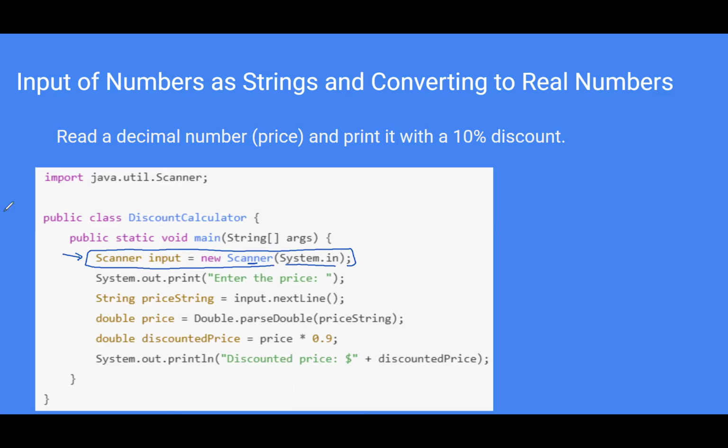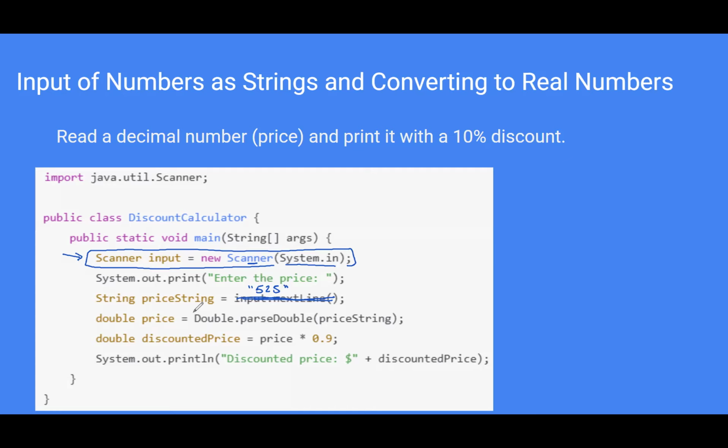But anyhow, let me put it this way. If you forget about that, if I remove that and I would put, so this price string contains the value 525.